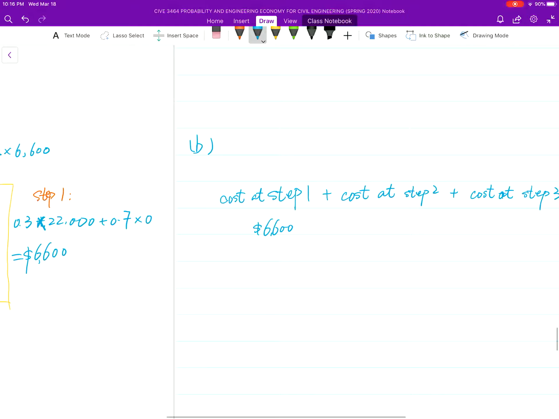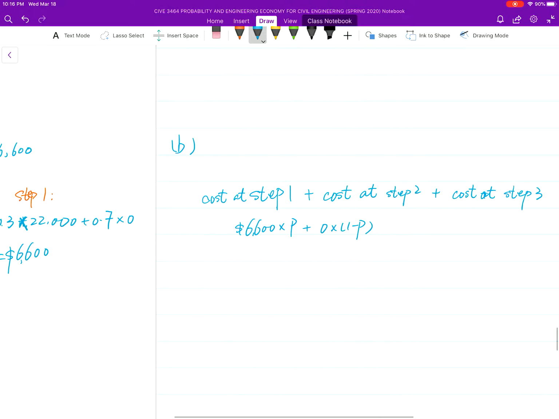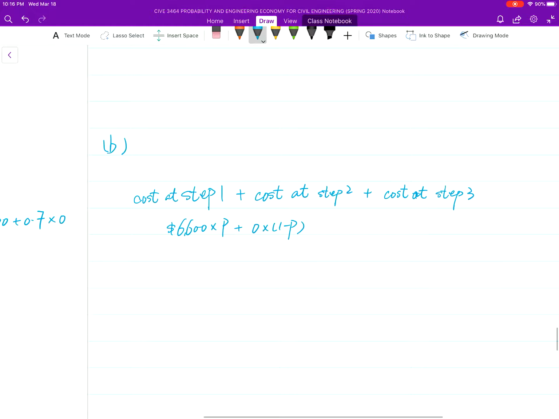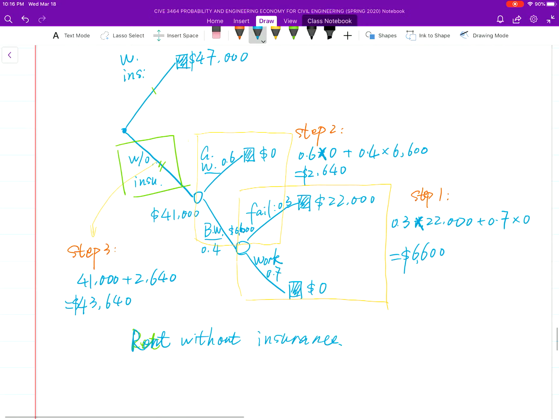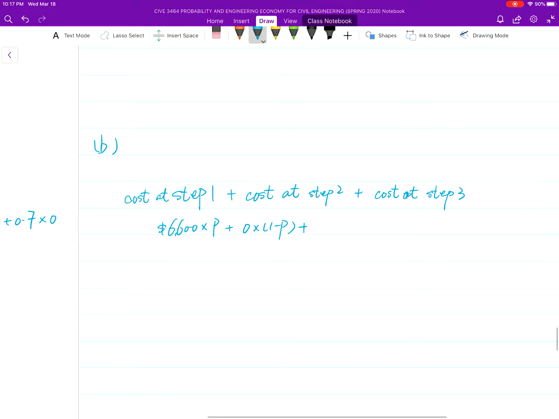Now that changes, so we multiply by P and then plus 0 multiplied by 1 minus P. That's for step 2. Finally, for step 3, whatever that number was, 2,640, now it's 41,000.